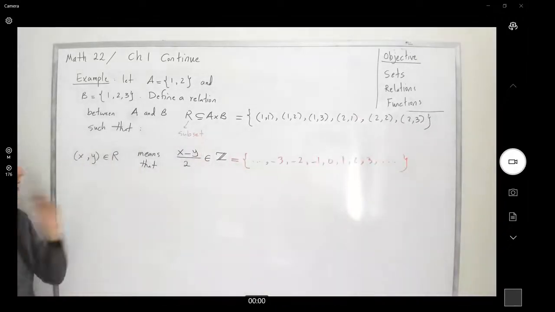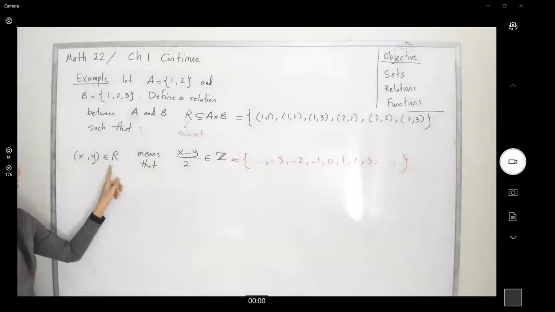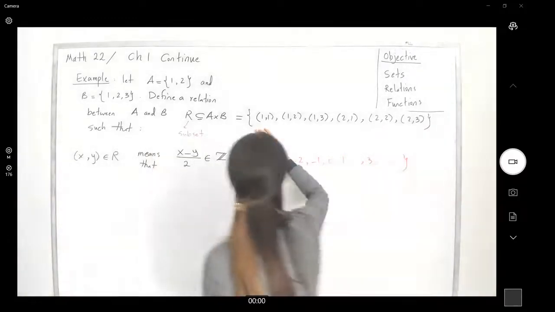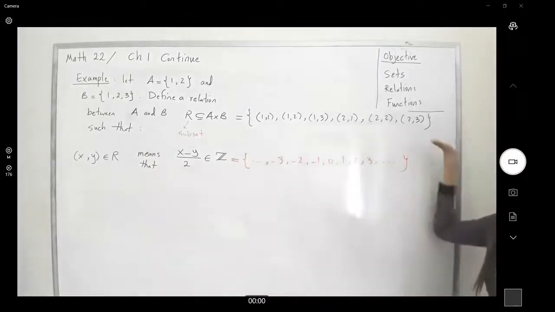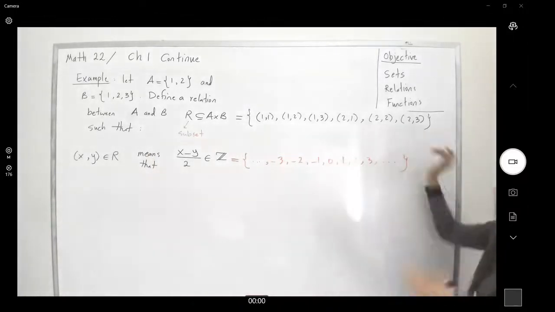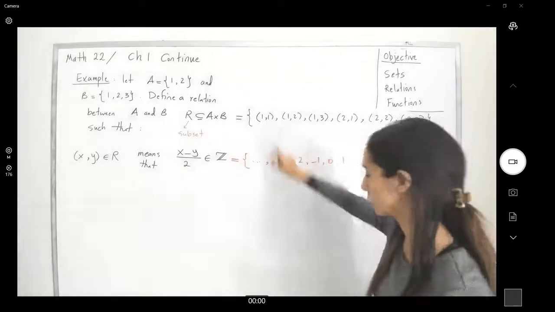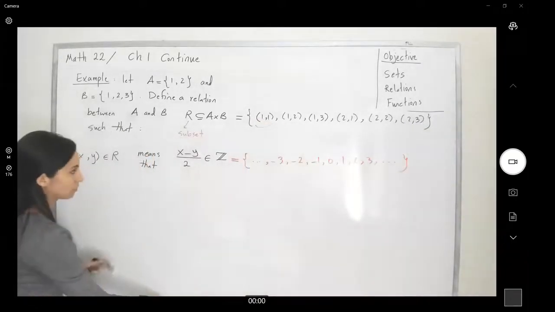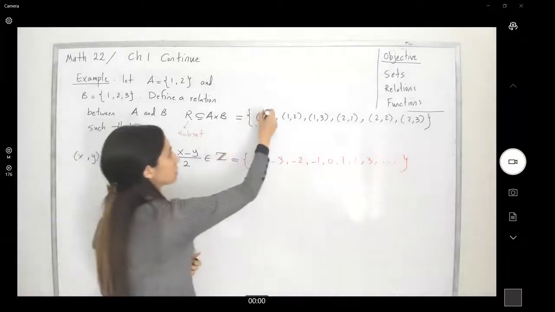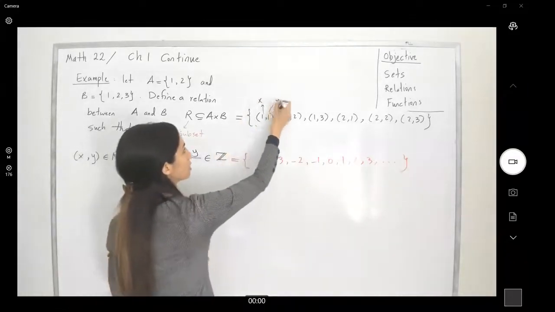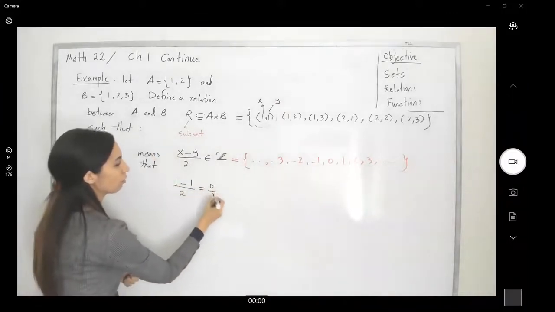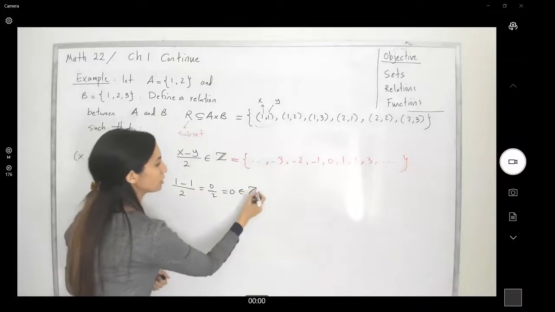Okay, so since I'm working with a subset of the Cartesian product between A and B, my choices are restricted to these pairs. Let us start with the first one, (1, 1). The first coordinate is 1, the second coordinate is 1. 1 minus 1 divided by 2 is 0 over 2, or 0, which is an integer.